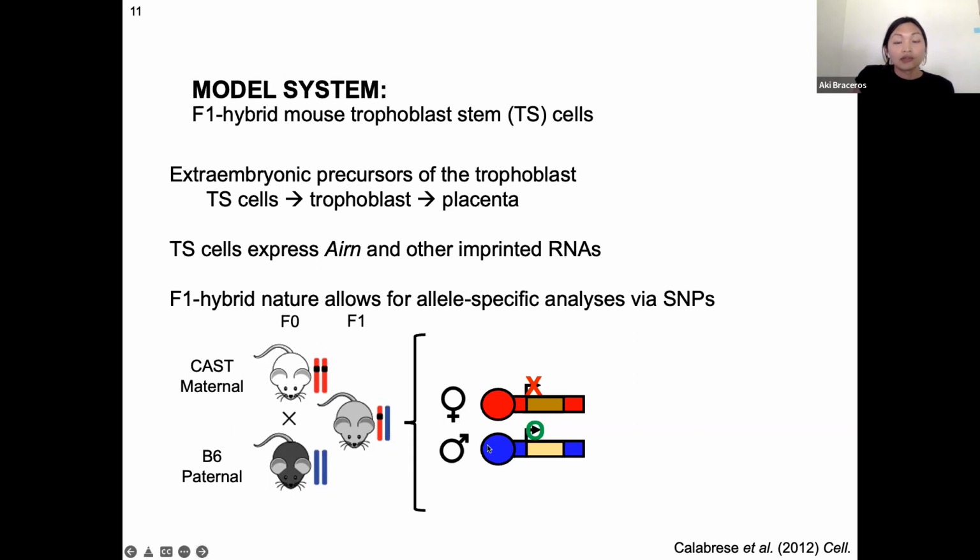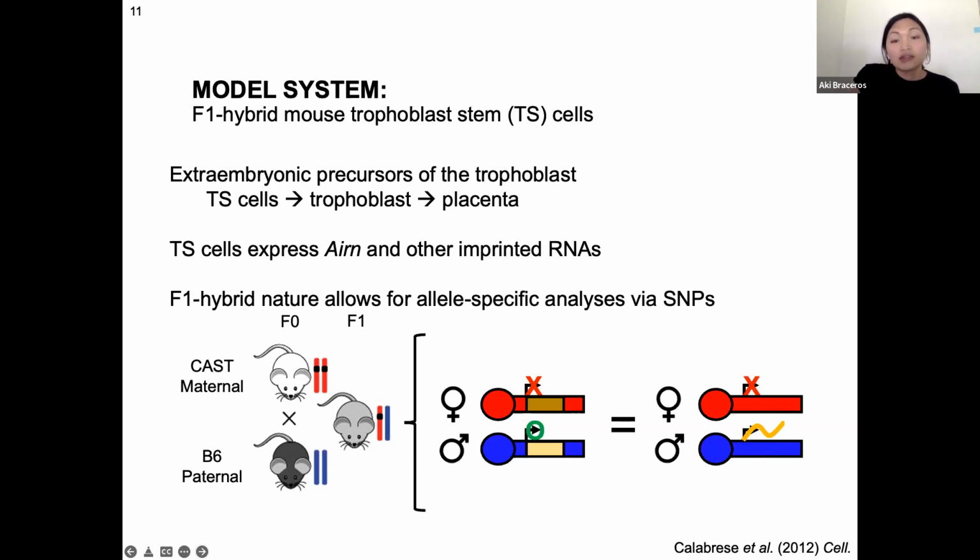And this actually works in our favor because, as I mentioned before, Airn is monoallelically expressed from the paternal chromosome, and it only acts in cis, so only on the chromosome from which it was transcribed. So that actually gives us an internal negative control with the maternal chromosome. All right, so for the rest of my talk, you'll see that I partitioned the data by allele, and I will include these cartoons along the data to help us keep on track on the corresponding allelic data.